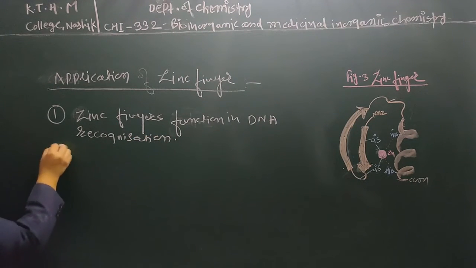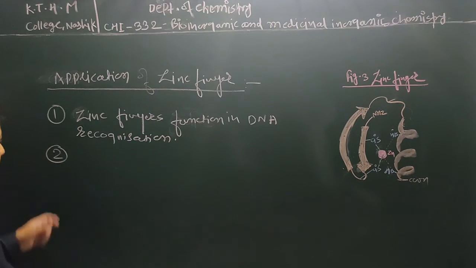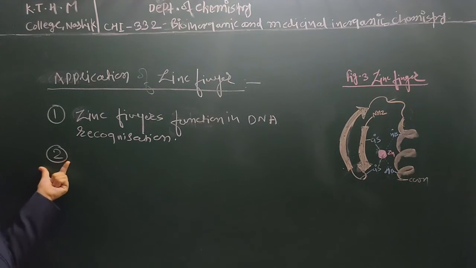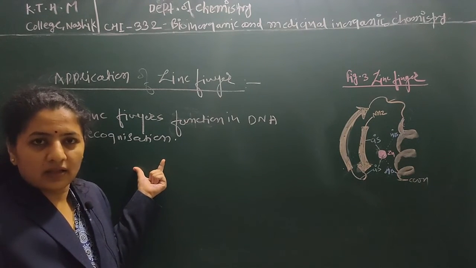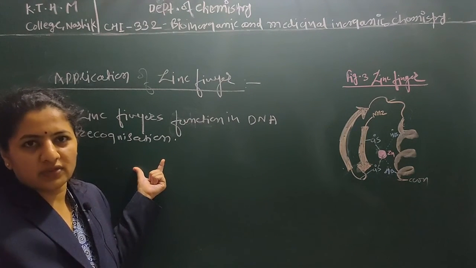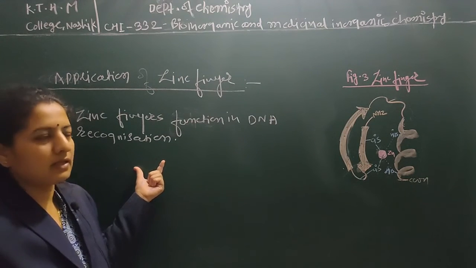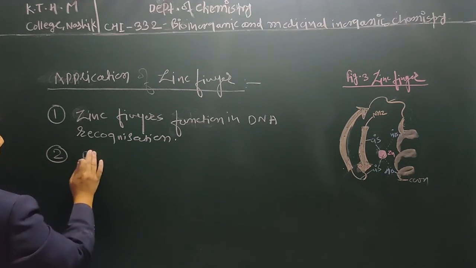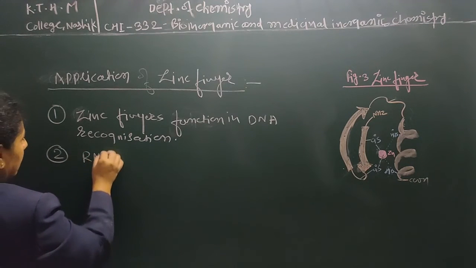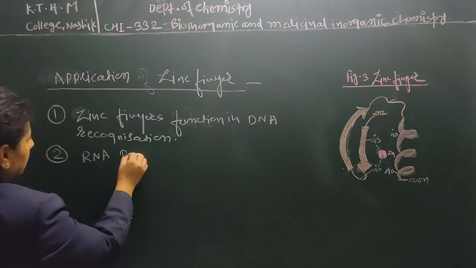Then second, as we know, the zinc finger is bound to DNA and RNA to stabilize the fold. Due to the zinc ion at the center and active site, the folds are stabilized. So the second function is RNA packaging.